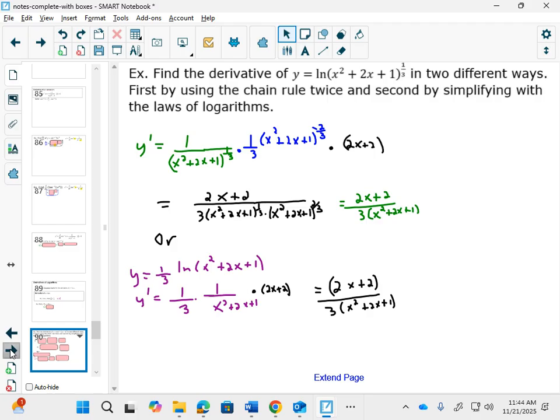In this case, if you had used your log law. Both are right, but sometimes using one manipulation earlier can make it more simplified and easier to work with. So I think in this case, the second method is nicer.